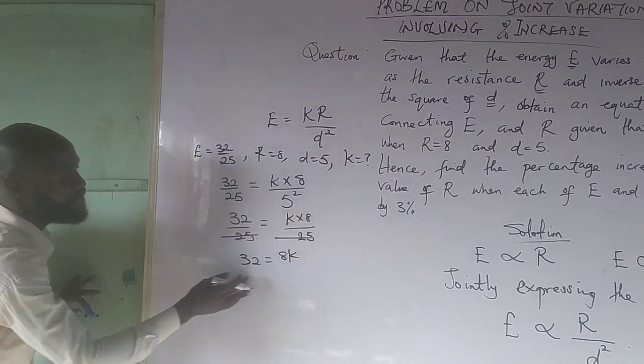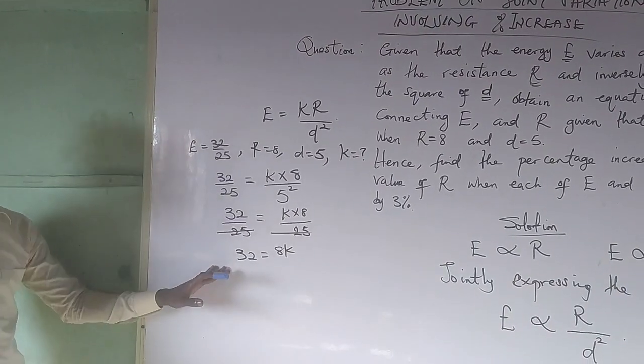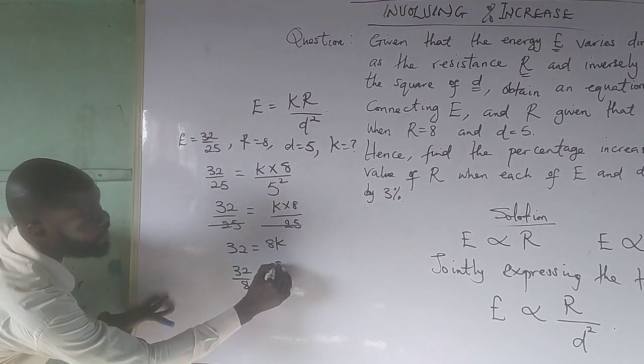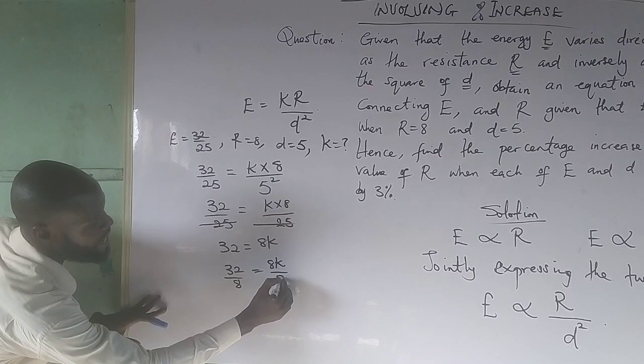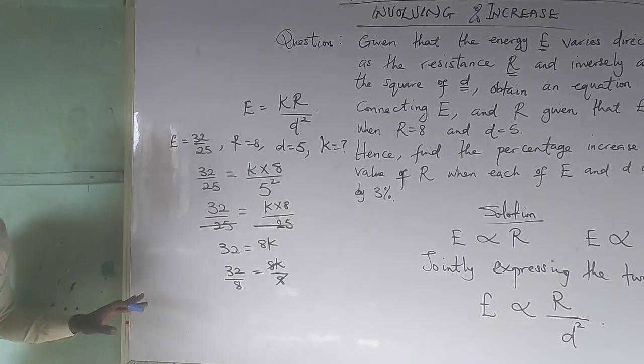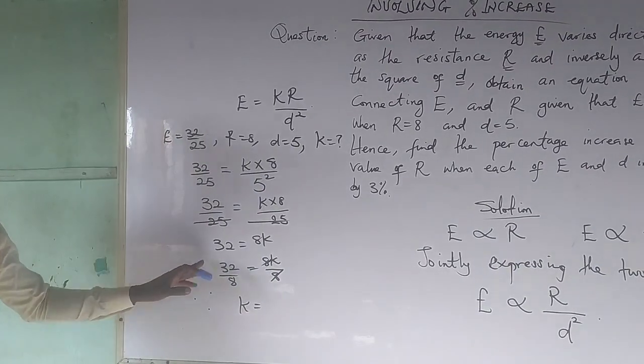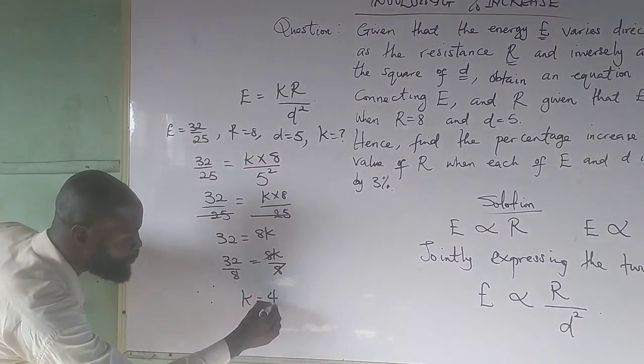Dividing both sides by 8, we have 32 divided by 8 equals 8K divided by 8. 8 cancels 8. Therefore, my K is equal to 32 divided by 8, which gives us 4.